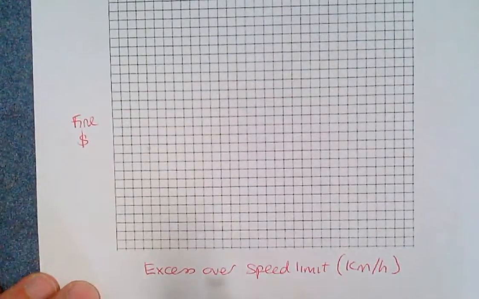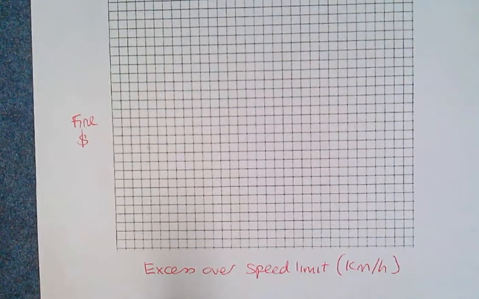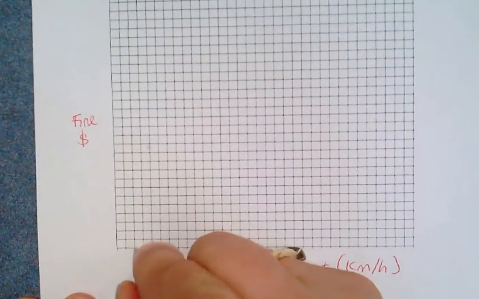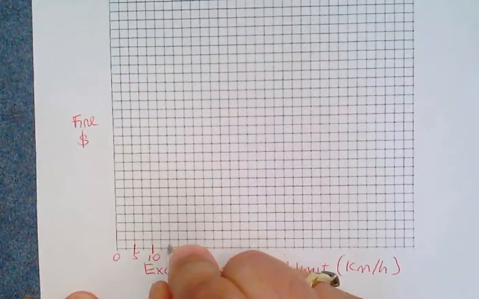Now, we need to come up with a scale. We need to get up to 45 on this horizontal axis. What do you want to do? Go up every 2 boxes is 5 maybe, would be nice. So I've got 0, 5, 10.